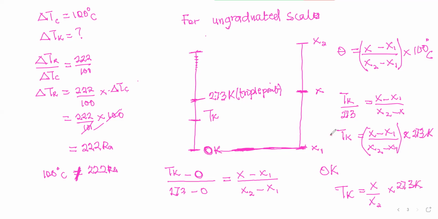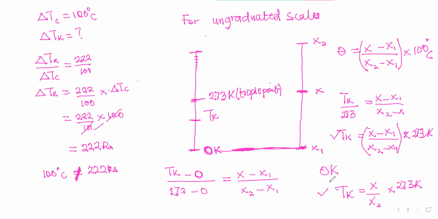Choosing this one or this one actually depends on how a question is framed. It can be framed in such a way that at 0 K, there is no thermometric property exhibited. So if it is length, it is 0. If it is volume, it is 0.